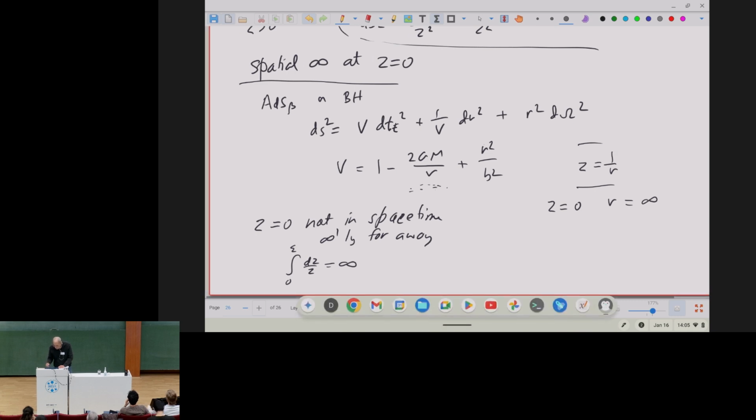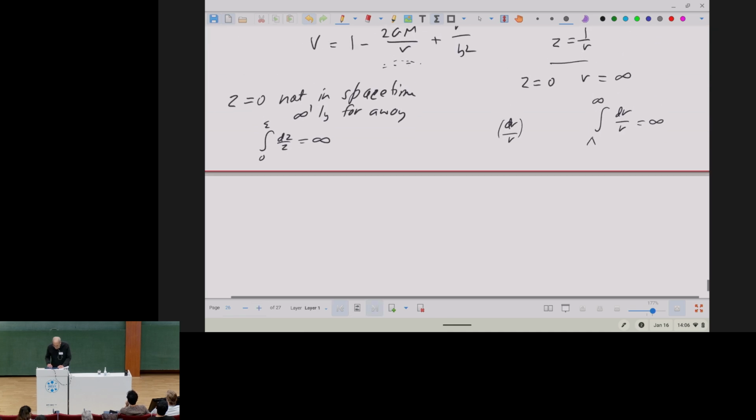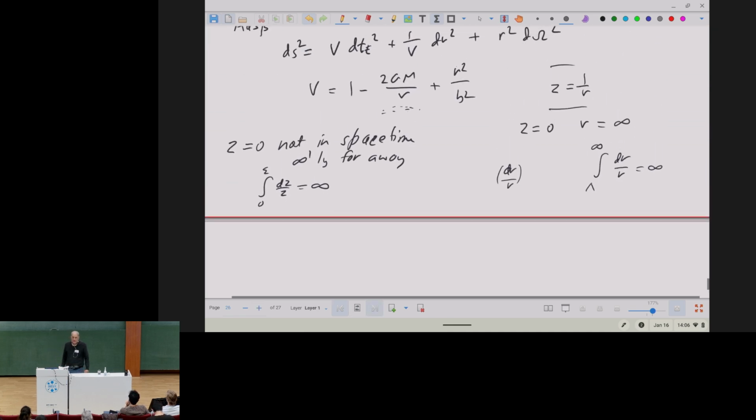V was r squared, so the metric was dr over r squared. Sorry, what I should have said was this. Either way, in terms of either z or r, we get a logarithmically divergent integral. So z equals 0 isn't in the space-time. It's called the conformal boundary. It's not a true boundary in the usual sense.